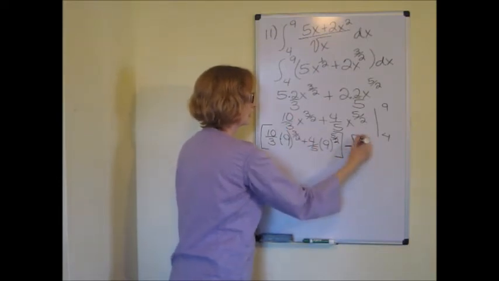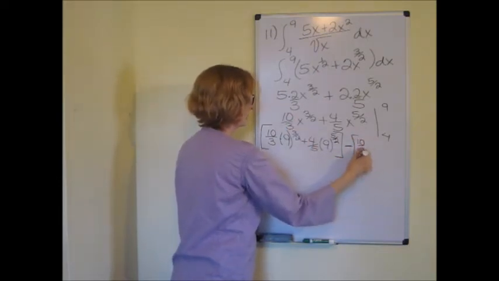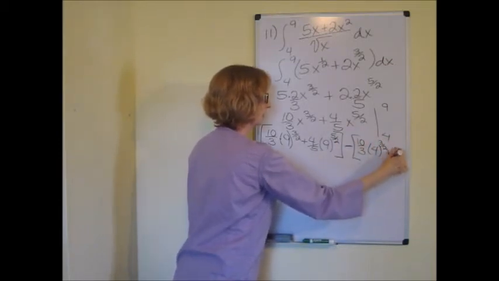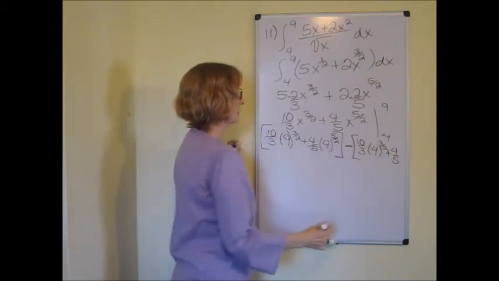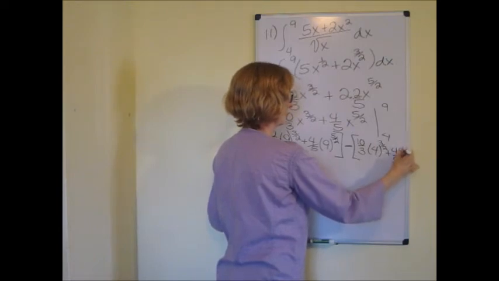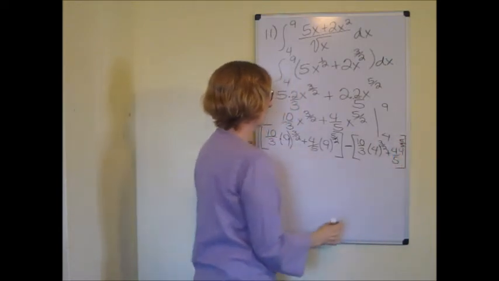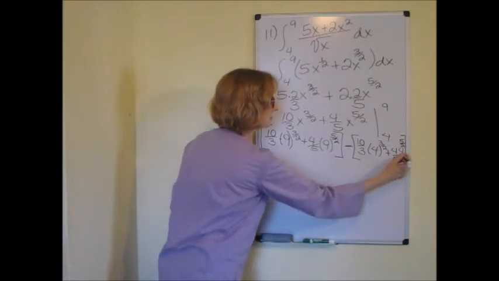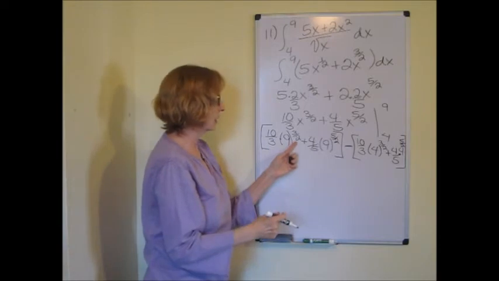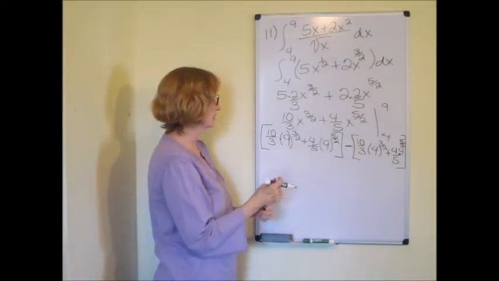So I have 10/3 times 4 to the 3/2 plus 4/5 times 4 to the 5/2. I'll put all of that together. Again, that denominator is the type of index that's on your radical.